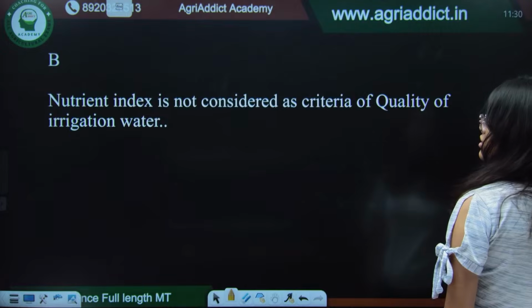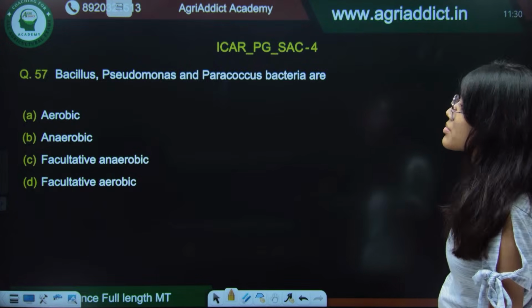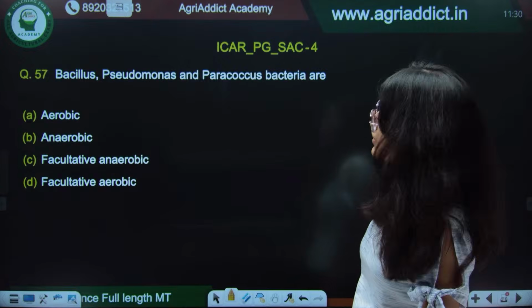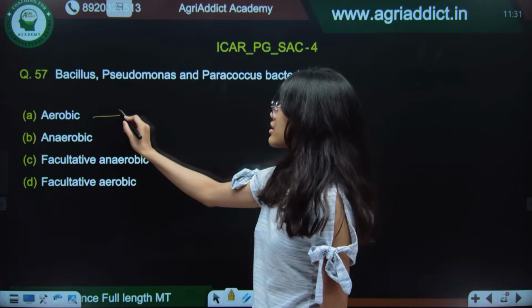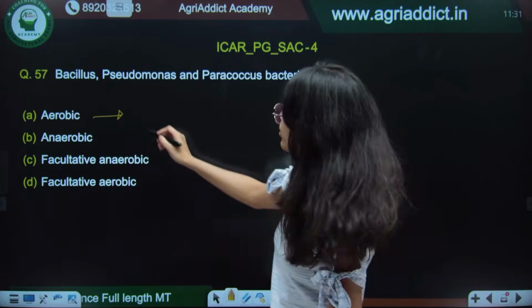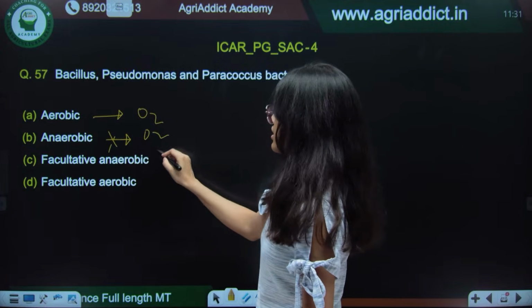Okay, now coming to the next question. Bacillus, Pseudomonas and Paracoccus bacteria are... This is again a very easy question. Comment, guys. So let's see. Aerobic means they can only survive with oxygen. Anaerobic means they do not require oxygen.